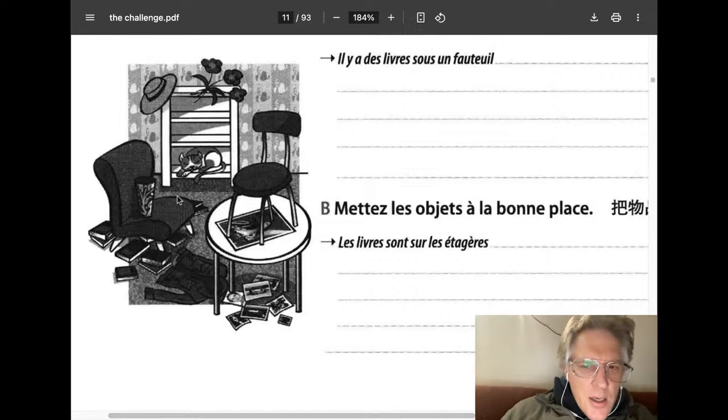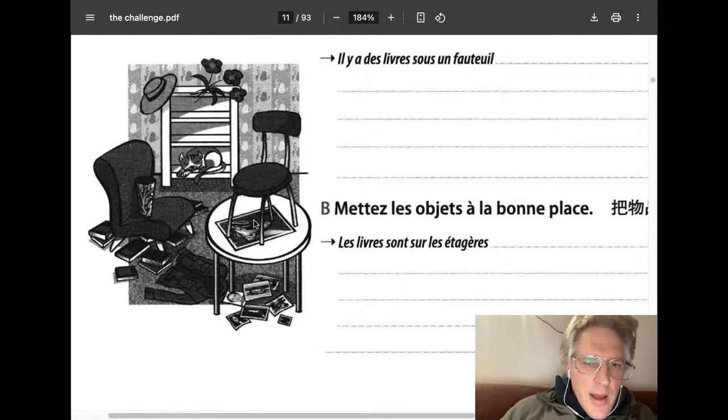Le chat est sur le fauteuil. Le blouson est sur la chaise. Les photos sont sur la table.